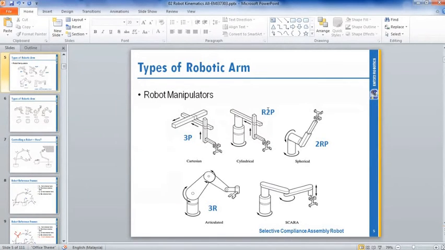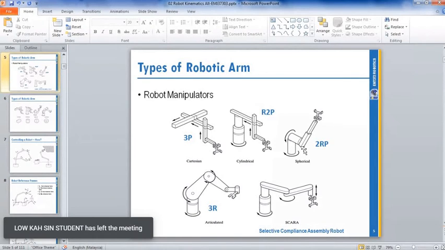And R2P means you have one revolute joint and two prismatic joints. So this is cylindrical. This is Cartesian. This is cylindrical. And this is spherical: two rotations or two revolute joints and one prismatic joint.